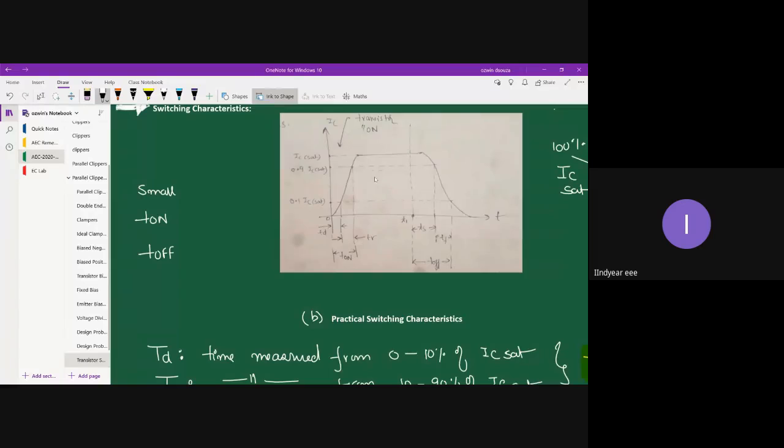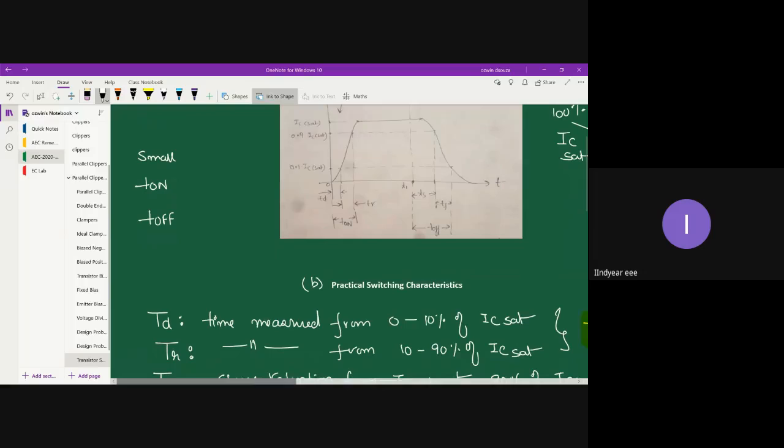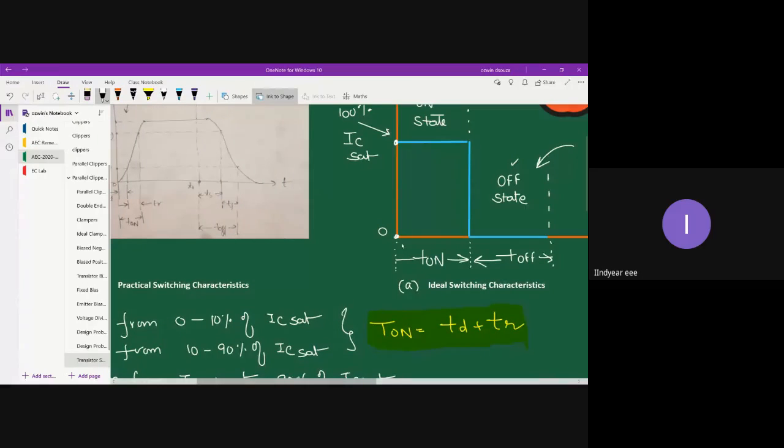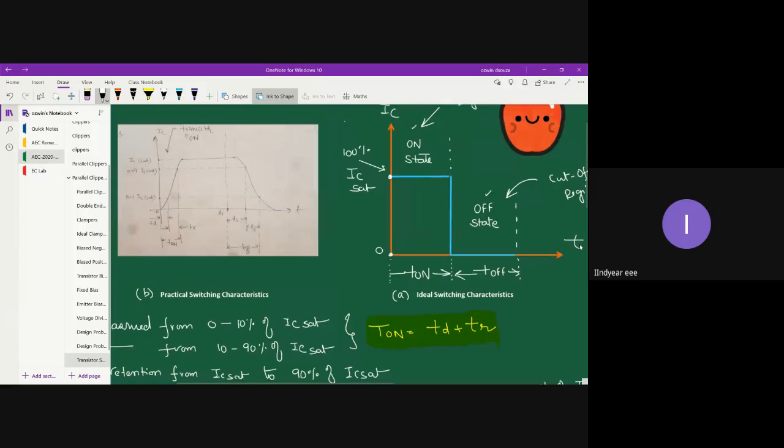Ideally, when you supply a base current, the transistor should get into the saturation region instantaneously, right? Instantly, the collector current should rise to the maximum value over here. At t equal to 0, first let me talk about the axes.